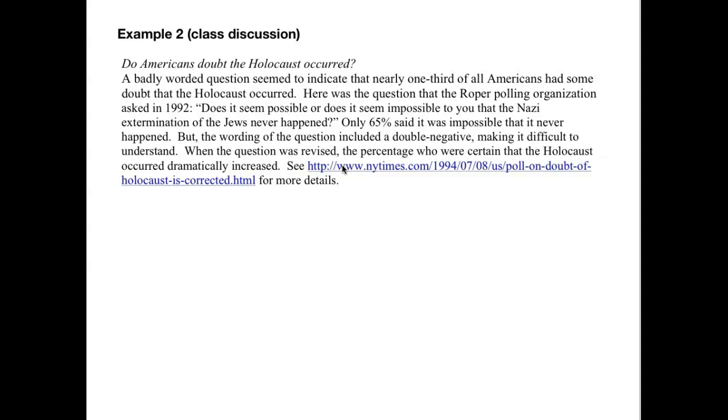Although this was probably like 3 years ago when I made these slides, and now it's more reasonable to me. Now it's more clear that 5% of the population would think that the Holocaust didn't occur. Sadly.